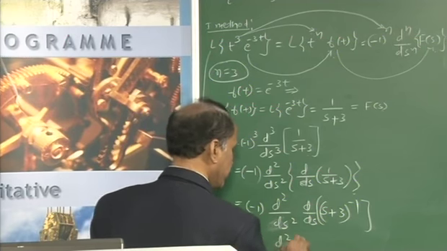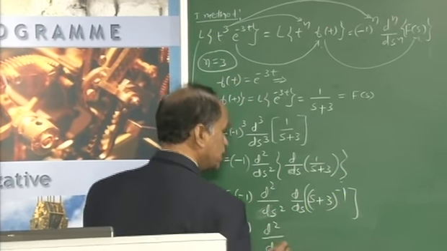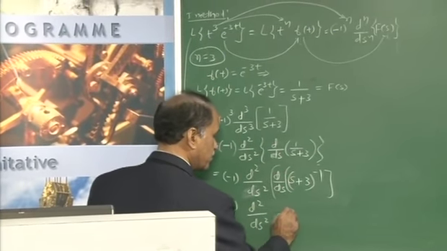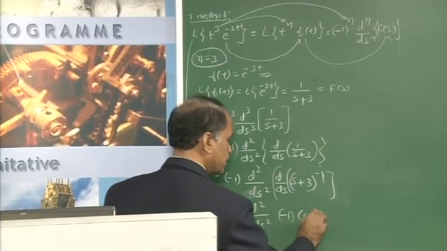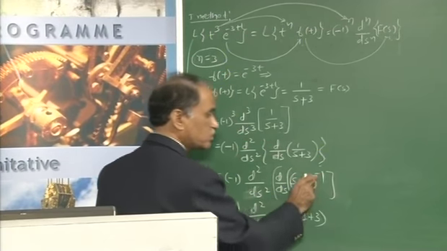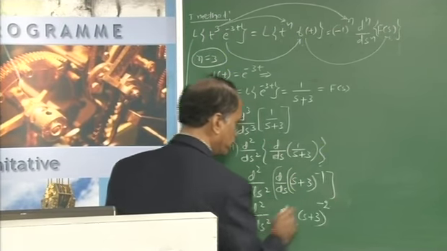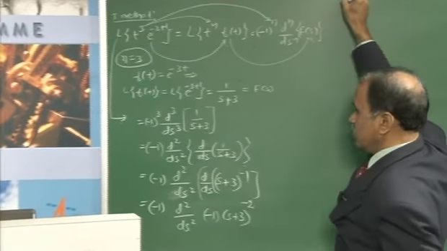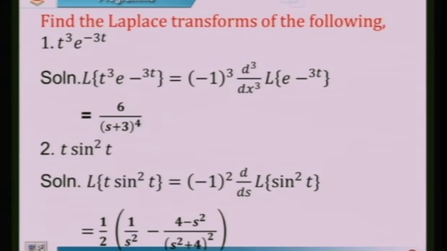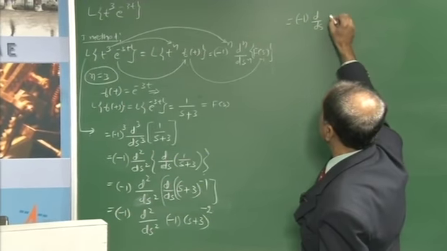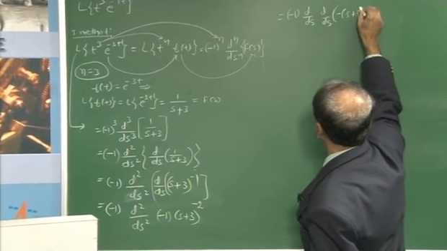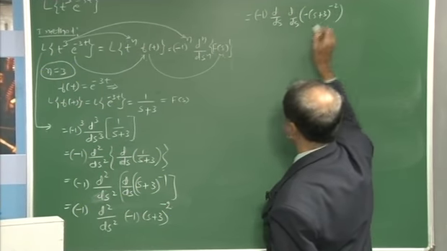Minus 1, it is d square divided by ds square, s plus 3 differentiation is minus 1 into s plus 3 whole to the power minus 1, that is minus 2. Then further this can be written as minus 1 d by ds, again d by ds of minus s plus 3 whole to the power minus 2.